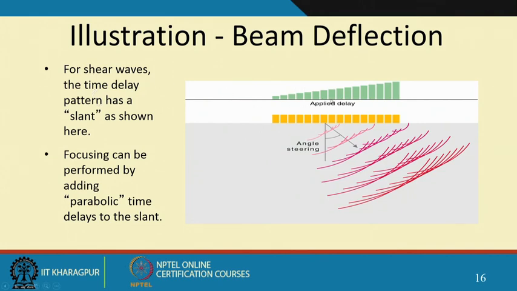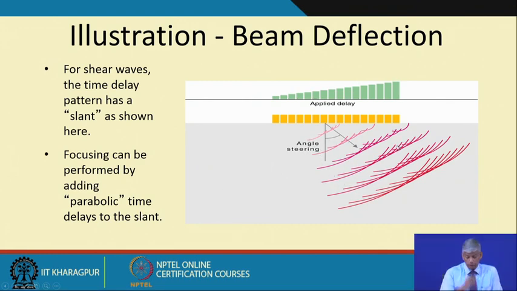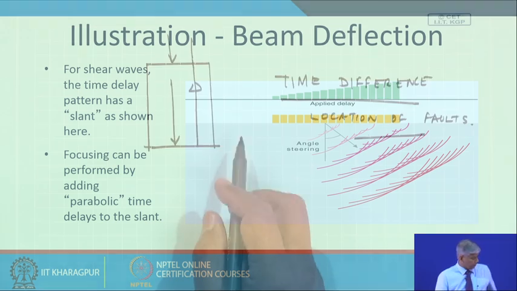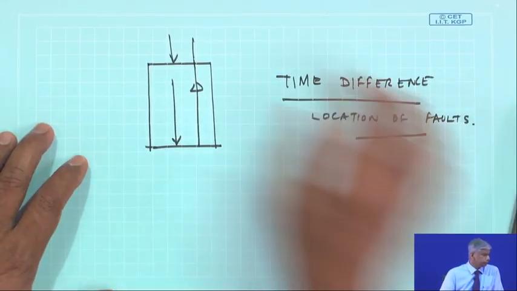So, here in a shear wave, the time delay has a slant pattern. So, focusing can be added. I can steer the angle. Okay. So, all these are done through signal processing units, and many commercial such handheld analyzers are available. Okay.